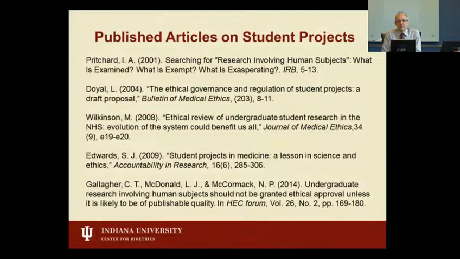Then there are folks like Doyle and Wilkinson or Edwards, I guess, who argue back and forth, like student projects most likely don't result in generalizable knowledge, so it's sort of a waste of everyone's time to put it through a full review. We should get a student review board that will specifically review student projects, and then they can recommend if it goes to the next level or not.